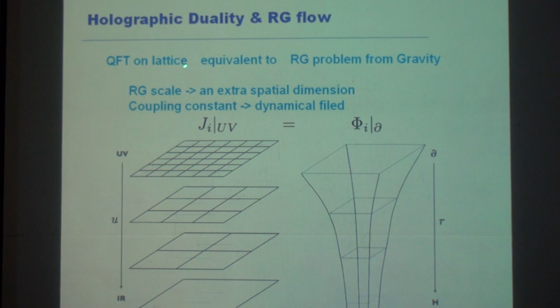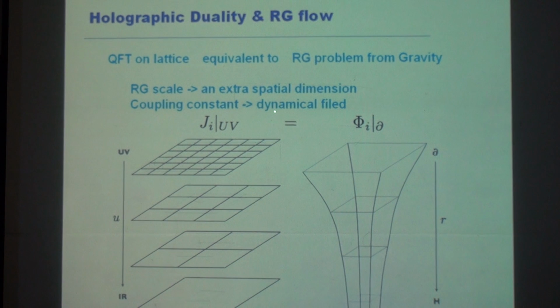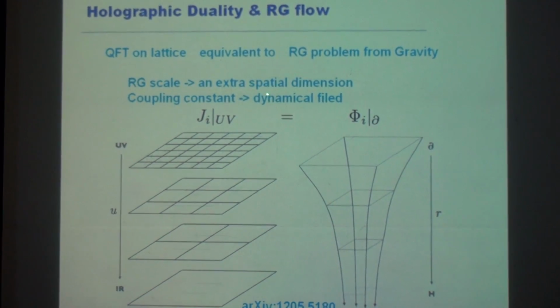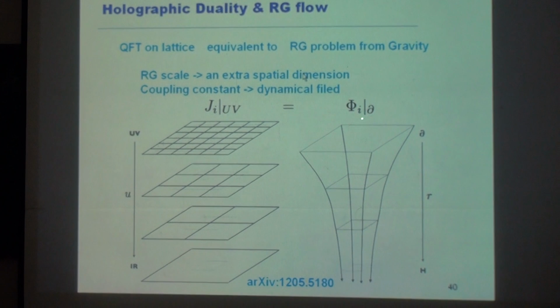In some sense, this quantum field theory on the lattice is equivalent to the RG problem from gravity. For example, you can promote this RG scale U to an extra spatial dimension, and you can promote the coupling constant to a dynamical field, right?